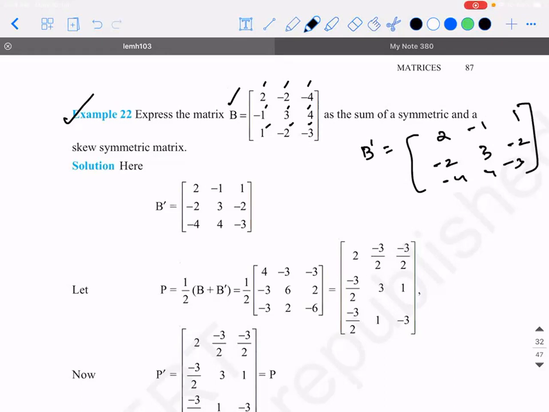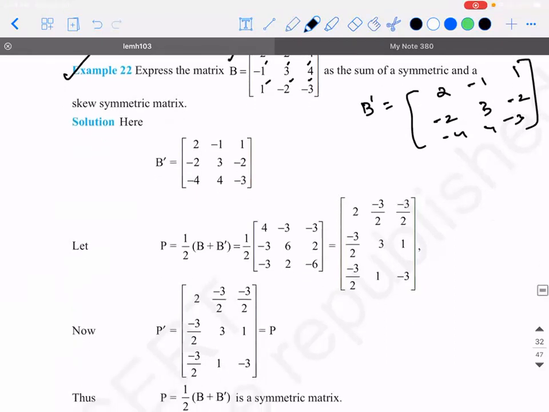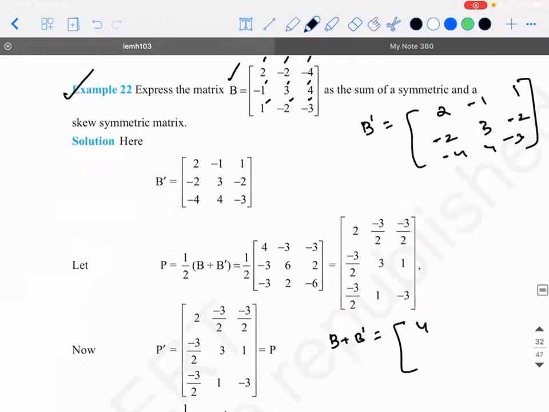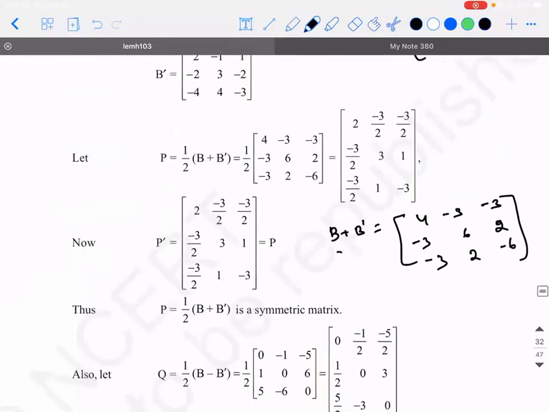Okay. So what is B plus B transpose? So B plus B transpose divided by 2 is how much?